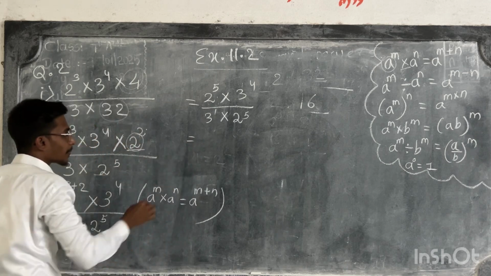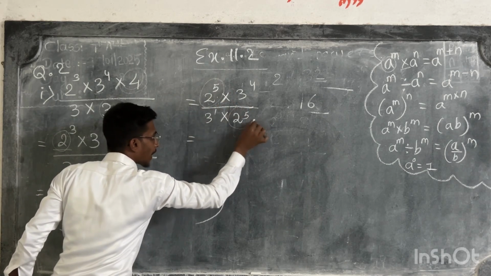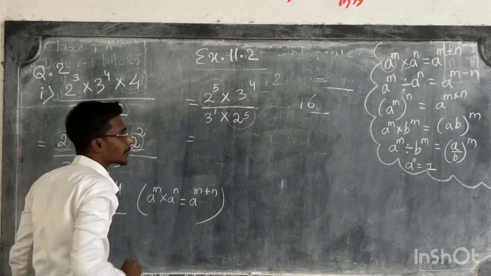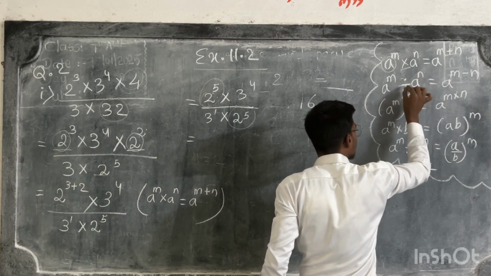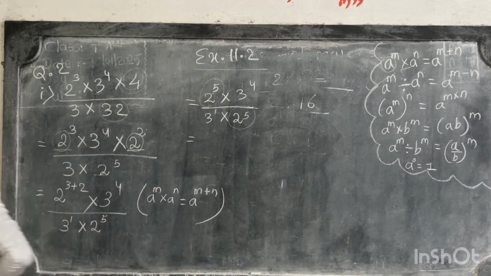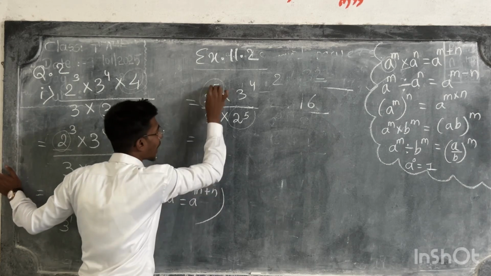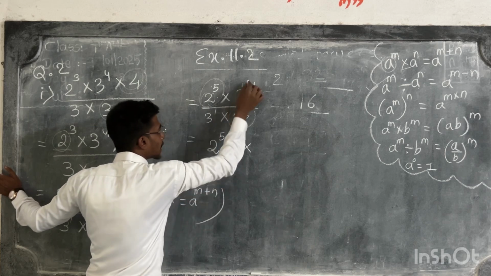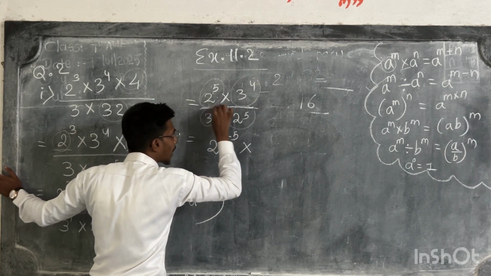Now you can see a to the power m divided by a to the power n. The base is same, the power is different and both are in division. So I have to apply this identity here. According to that identity, you have to subtract the powers, that is 2 to the power m minus n, that is 5 minus 5, into, you can see again the base is same and the power is different and both are in division.